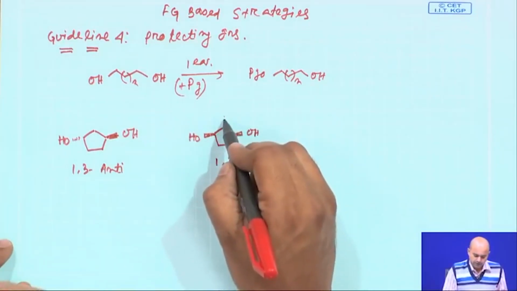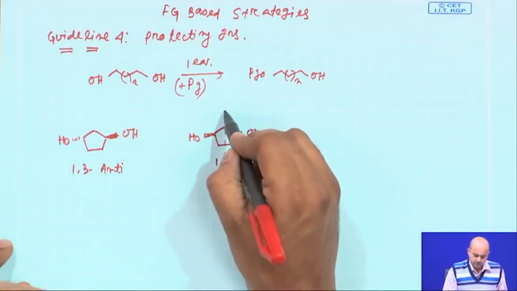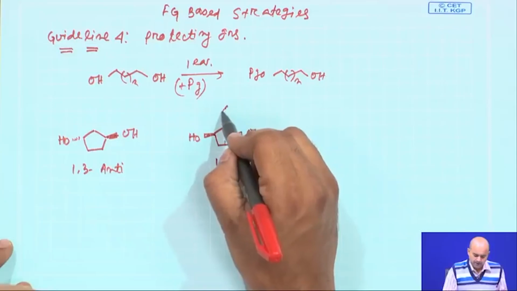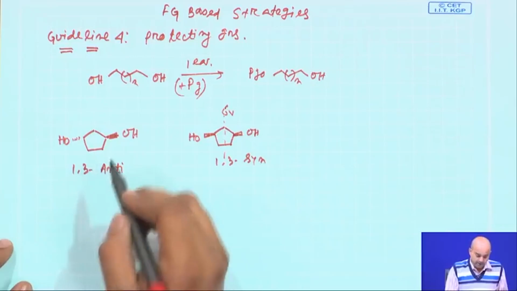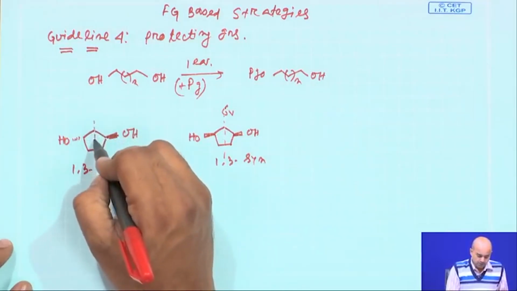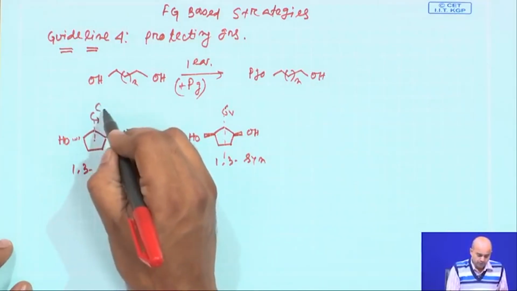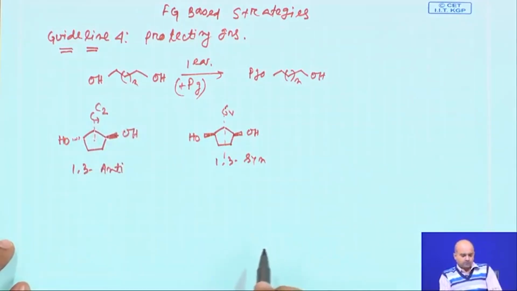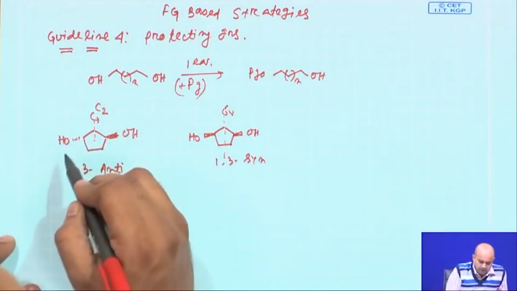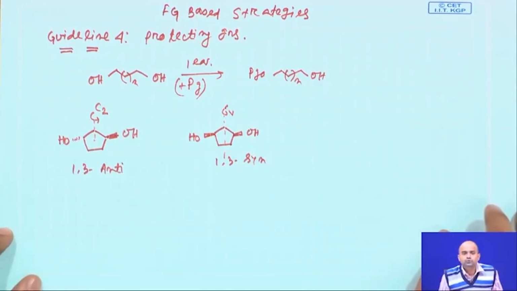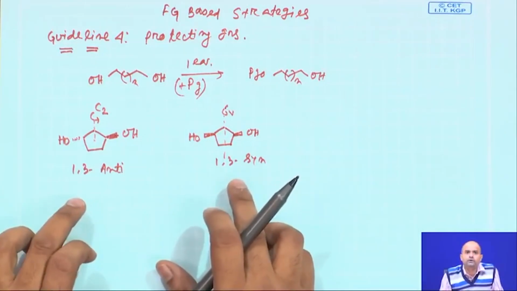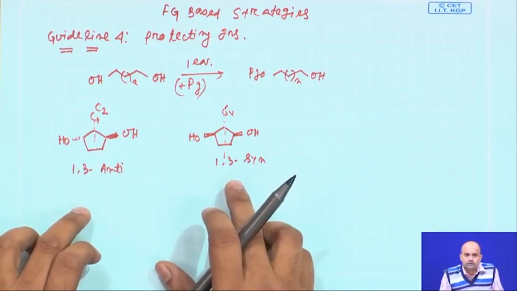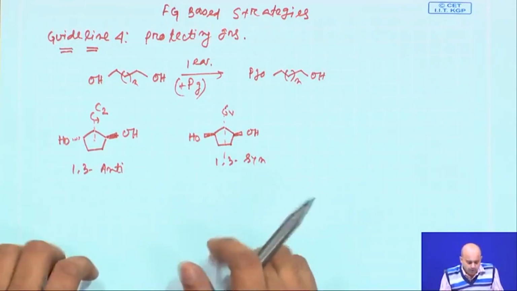The right hand side molecule will not have chirality because it has a mirror plane of symmetry, sigma v, but the other molecule is chiral and has a C2 axis of symmetry. When you are trying to protect this kind of compound, note that these compounds are very good building blocks for synthesis of natural products or other molecules.